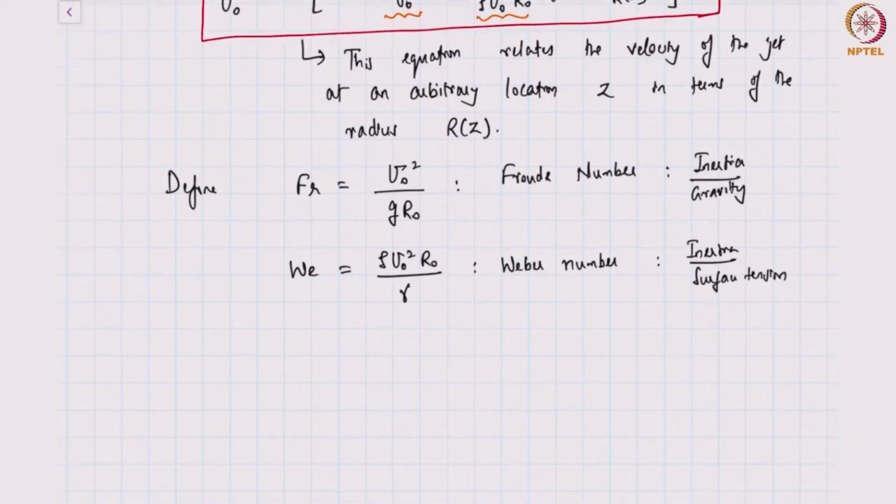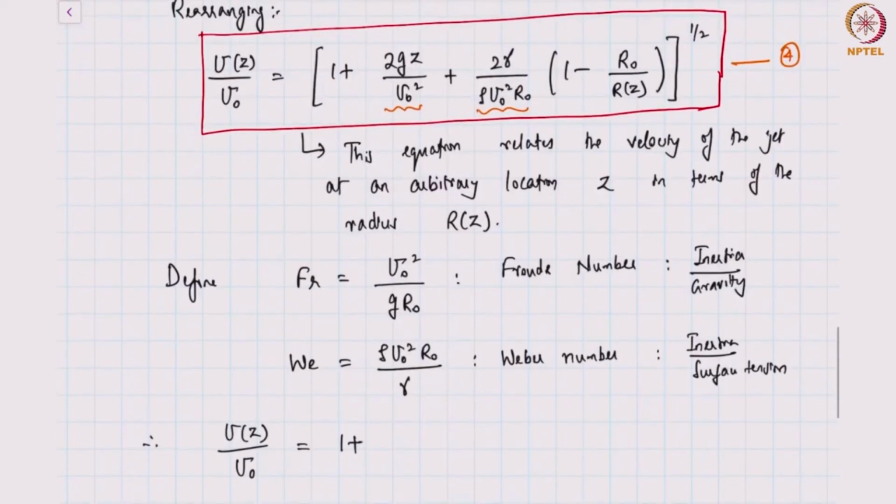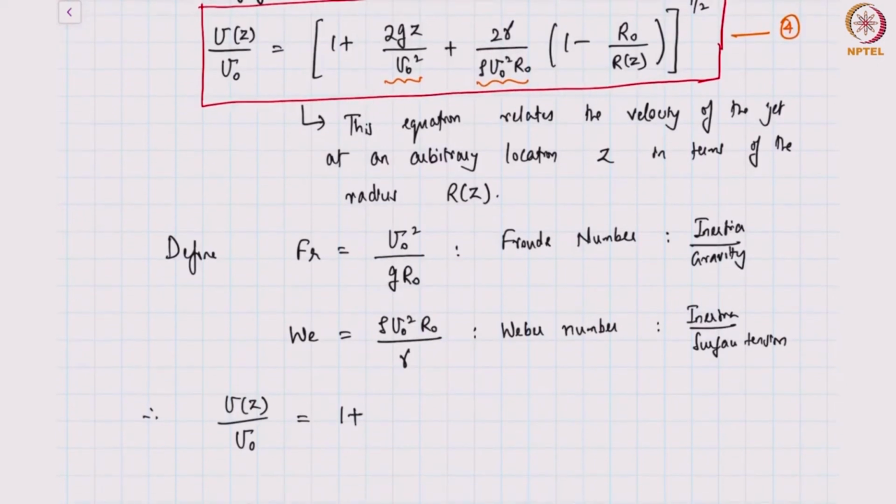We get U of z divided by U naught will be 1 plus 2 by Froude number, I have to multiply and divide by R naught, I get z by R naught.